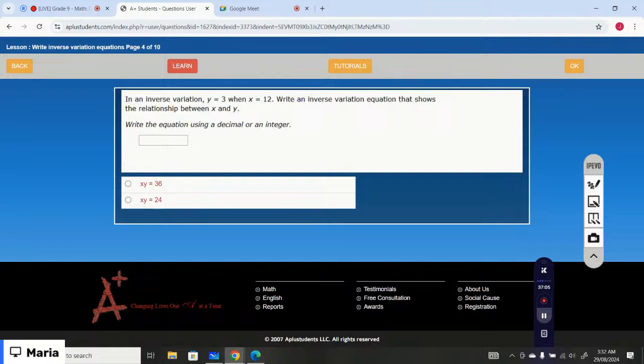That is xy equals 36. Option number 1 is the correct option, right?